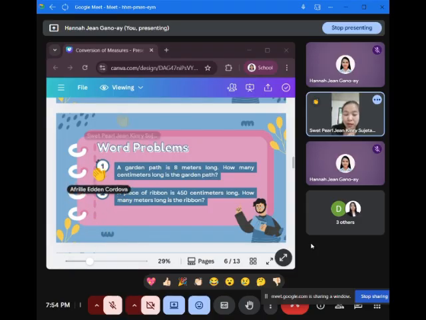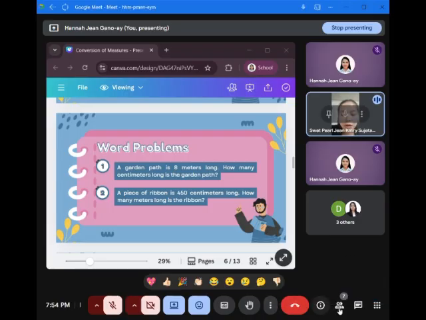So I want to clarify their answers. Mr. Mamatan's was from meters to centimeters and Ms. Ganuay's was centimeters to meters. So if you remember our lessons, we have a metric ladder.